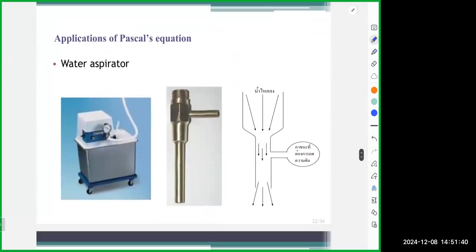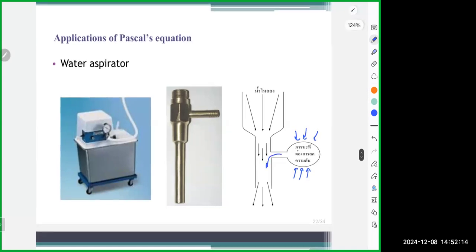So this can be applied to the water aspirator. For example, you have the subject that you want to reduce the pressure. So how to reduce it? You have to get the pressure out of this container, right?